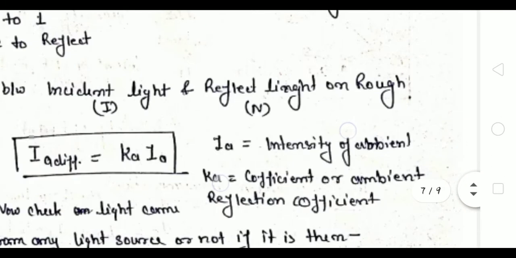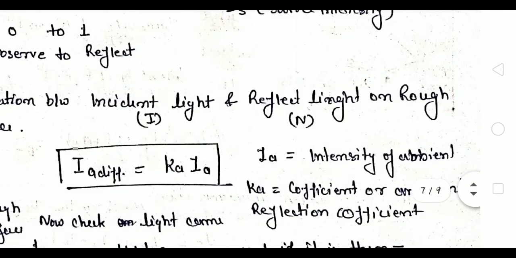So this is the formula of diffusion, but by this formula alone you cannot understand the exact intensity of that point, because maybe light is coming from any source, or maybe at the same time light is also coming from a point source. So you have to find out the value of intensity by the point source light.